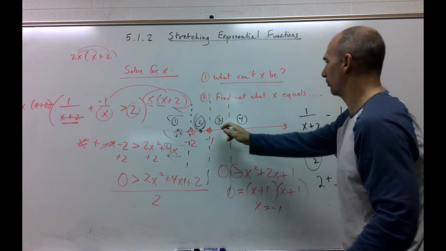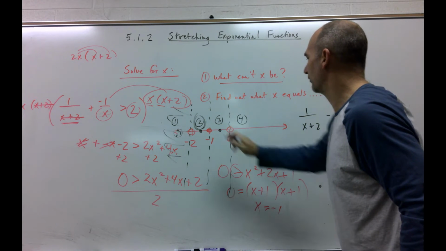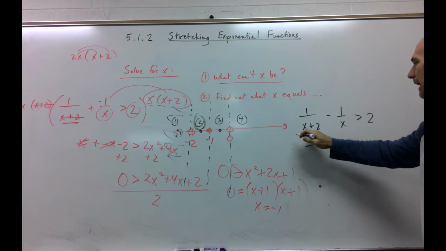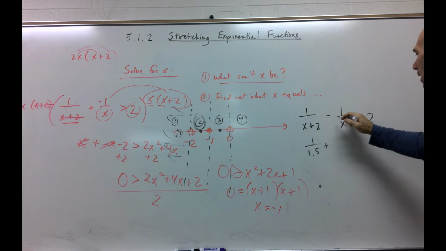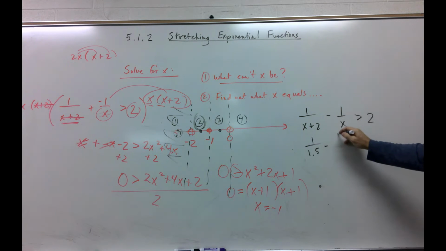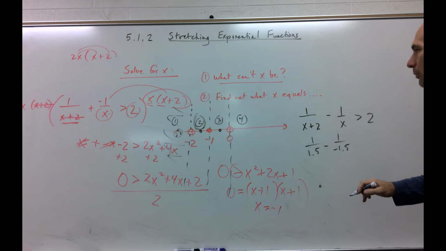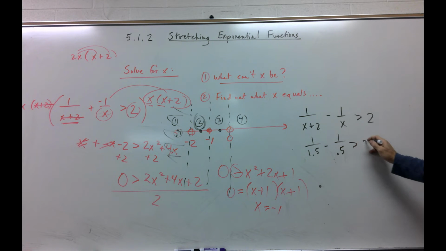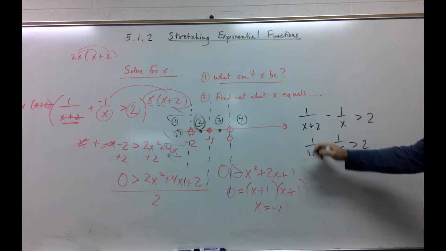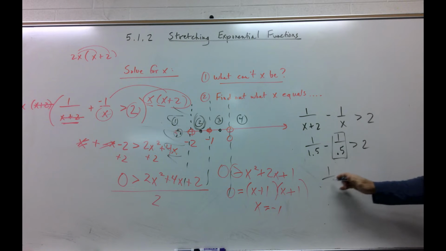Now let's go to space 3. Plug in the easiest number possible, negative 0.5. So 1 over negative 0.5 plus 2 would be 1.5, minus 1 over negative 0.5. Whoops. Boy, I'm just determined to make a mistake. Is greater than 2. Let's look at it. This right here is what I'm really concentrating on. That's 1 over 1/2, which actually equals 2.